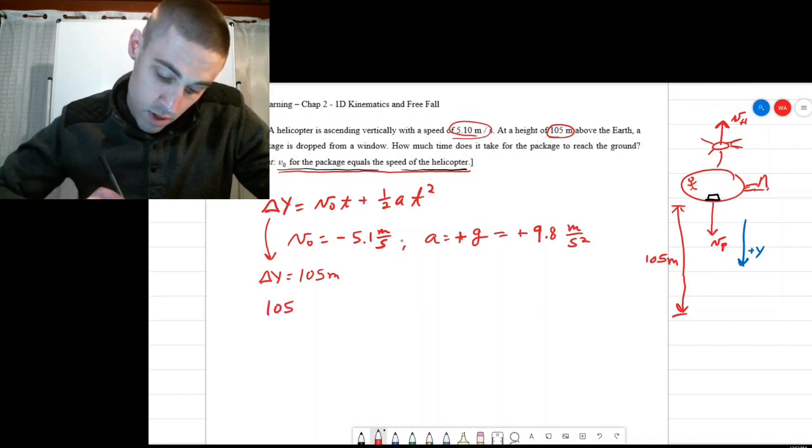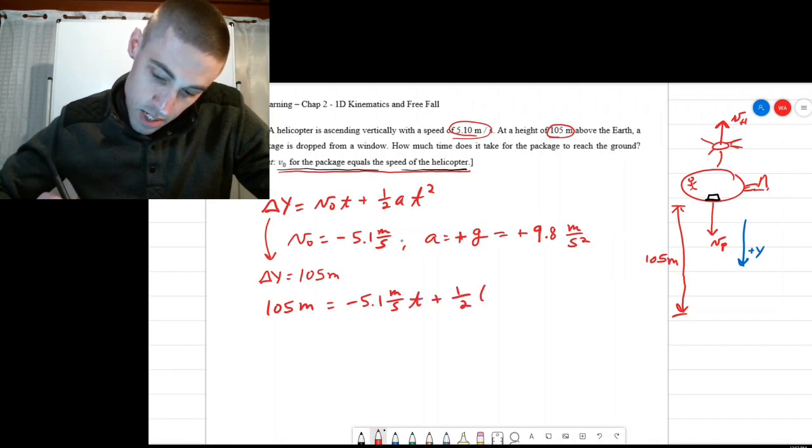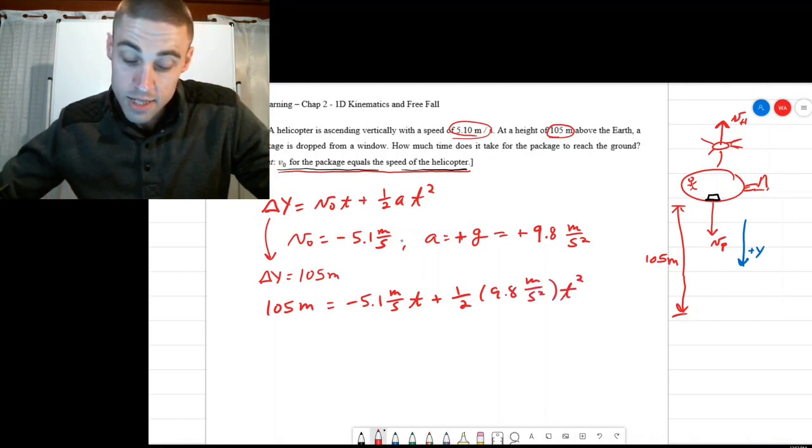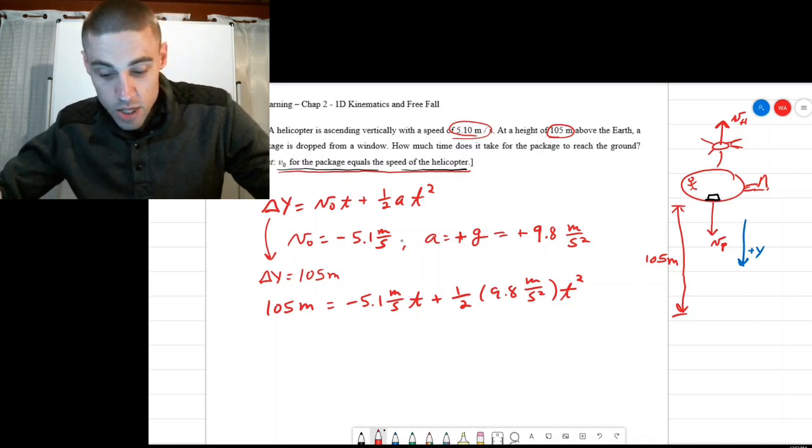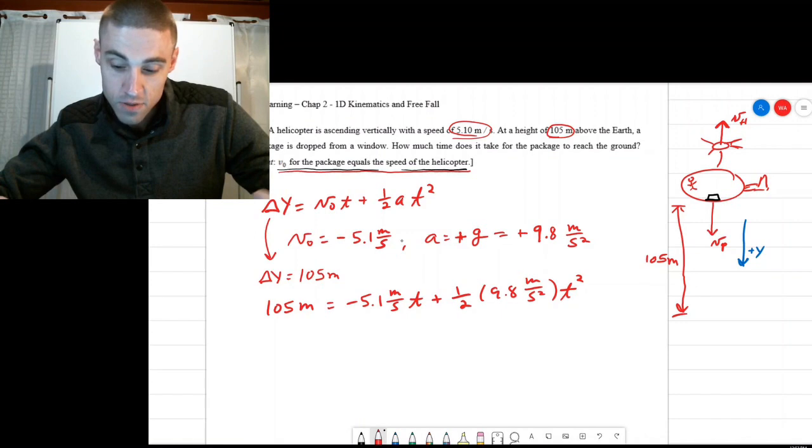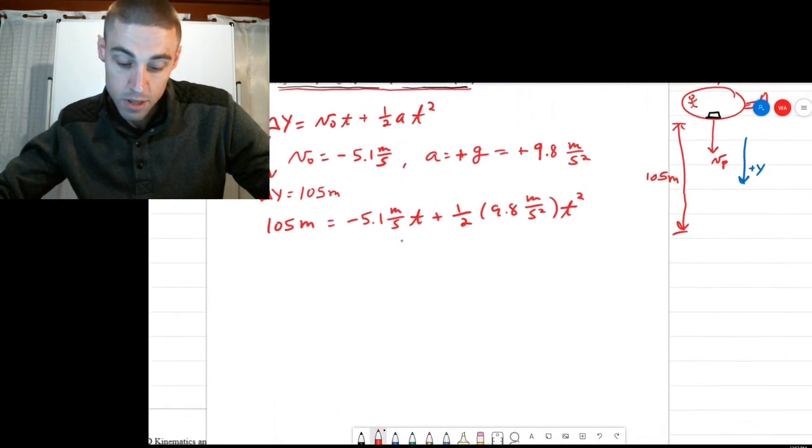So I have 105 meters is equal to minus 5.1 meters per second times t plus 1/2 times 9.8 meters per second squared times t squared. Now I have one equation with one unknown, but it is not a linear equation, so I'm going to have to use the quadratic formula.